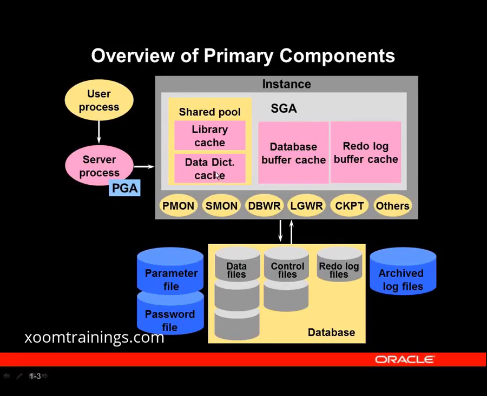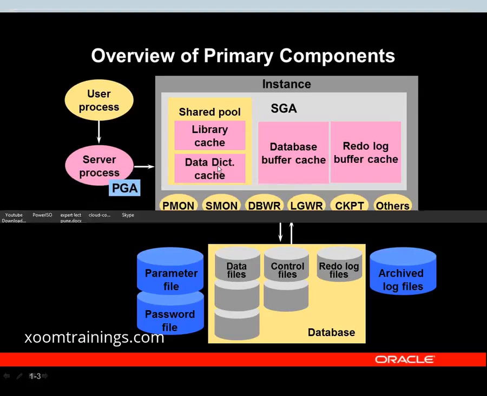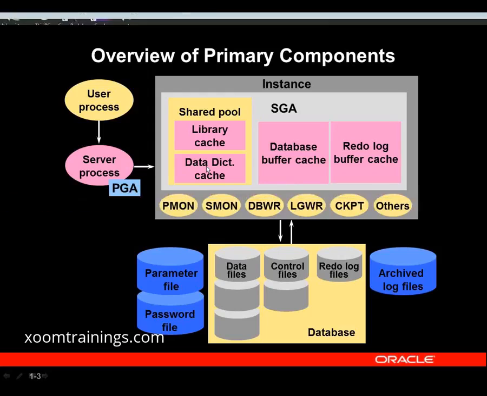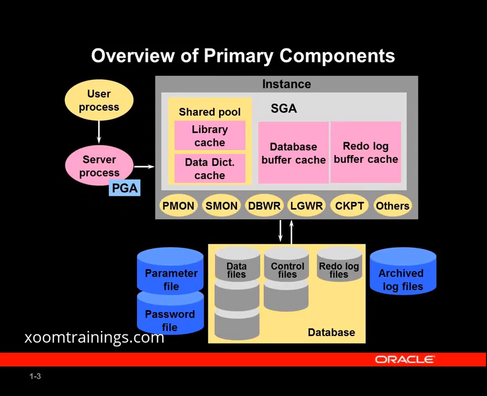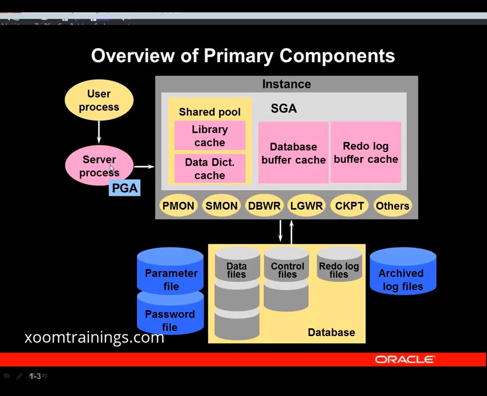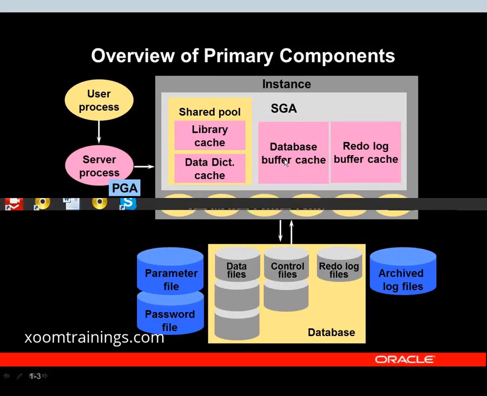Then the data dictionary is checked for the rights of the user who fired that command: whether that user has rights on the objects to be retrieved from the database. When it is checked and the user has rights, the server process reads data from the data file and puts it into a block in the database buffer cache.